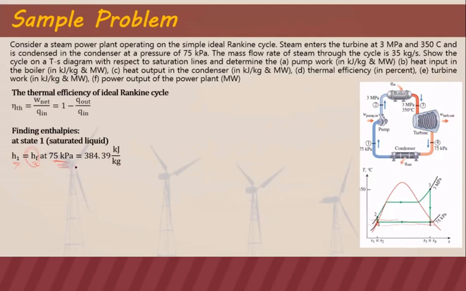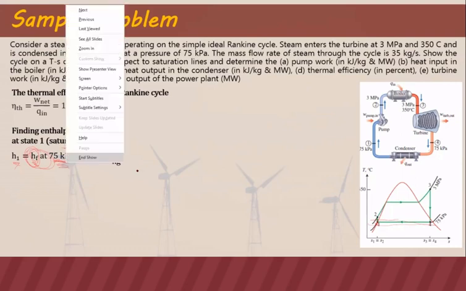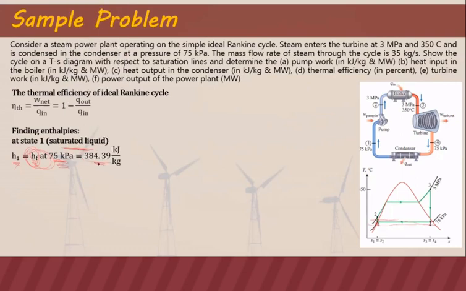So look at your steam table, go to the saturated liquid table by pressure, and then look for hf. So hf at 75 kPa in your steam table is 384.39 kilojoules per kilogram.